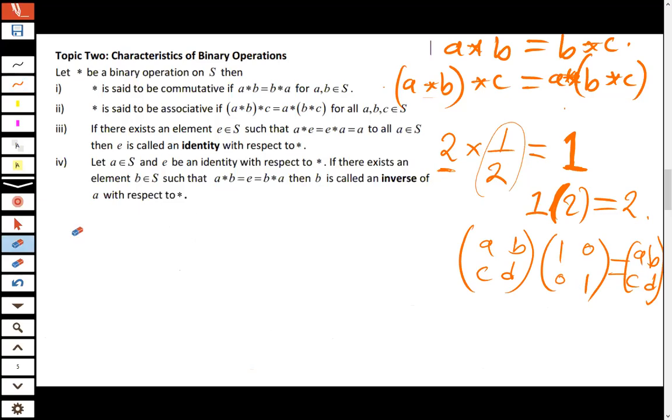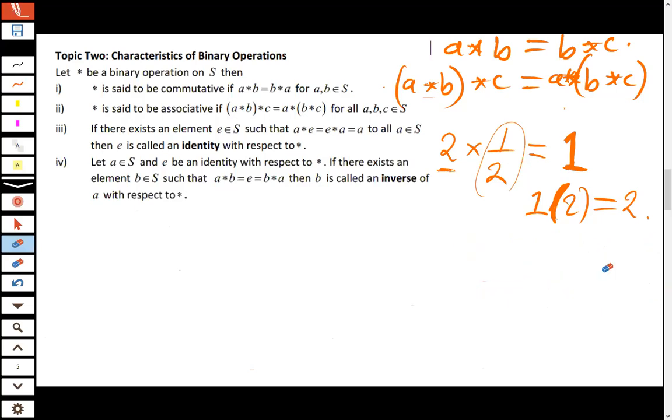So even when it comes to binary operations, you still have the same thing.